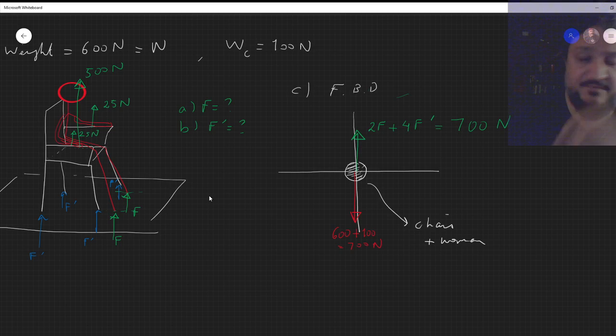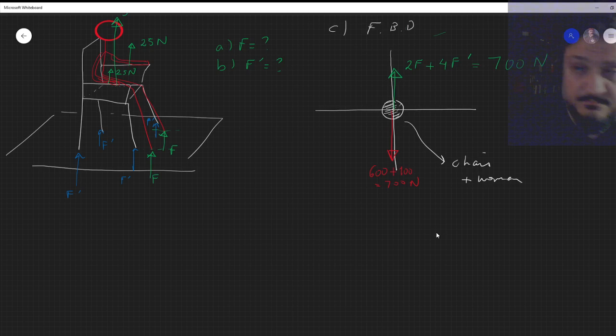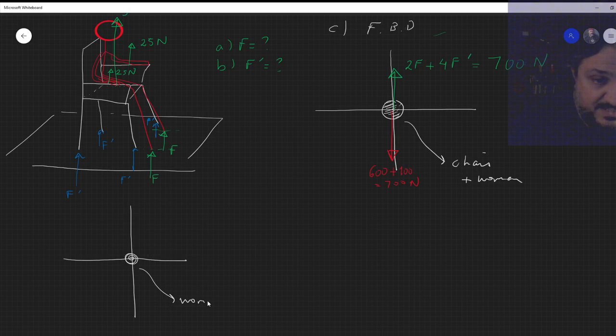Now, if I draw a free body diagram only for the woman, what happens? In other words, I'm isolating her. This is my system, okay? The system is only the woman in this case. What are the external forces that are exerted on the woman?